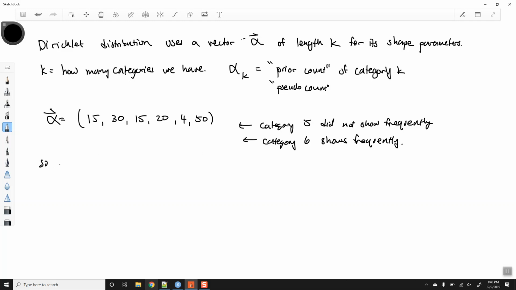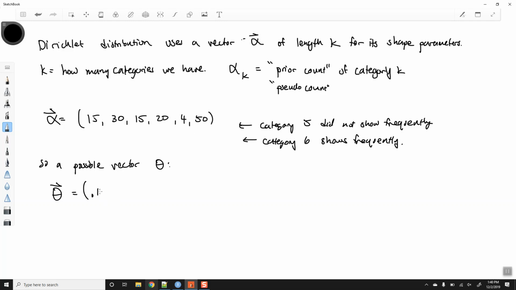Okay, so a possible vector theta could be something like, how many total do I have? 130 observations?